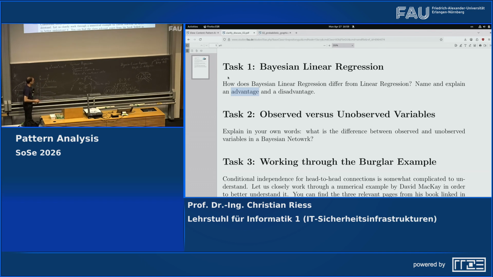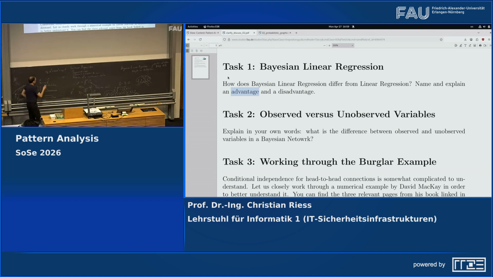Now we replace these scalar values by distributions. We say, okay, we make an assumption this is Gaussian, centered around 0, and so on. So each of these is a Gaussian. And now we can still ask, what exactly do we control about them?